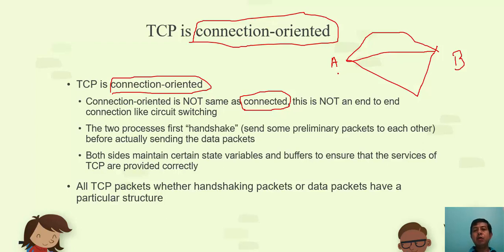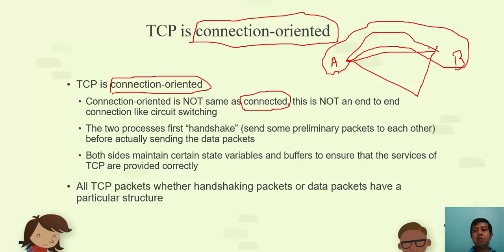That means we create a circuit, and this particular path is dedicated between A and B, and every message, every communication, every packet, every data will flow from A to B using this path for that particular session. This is circuit switching.